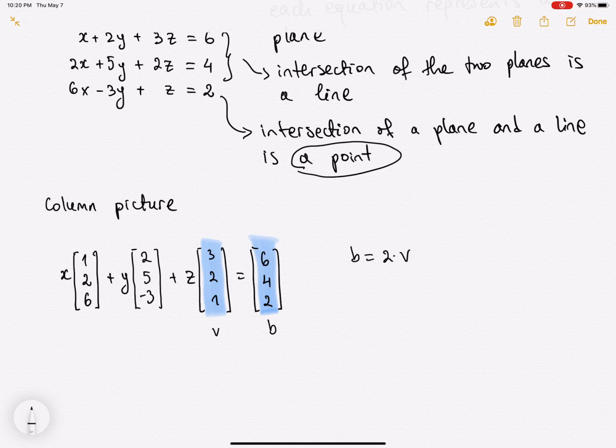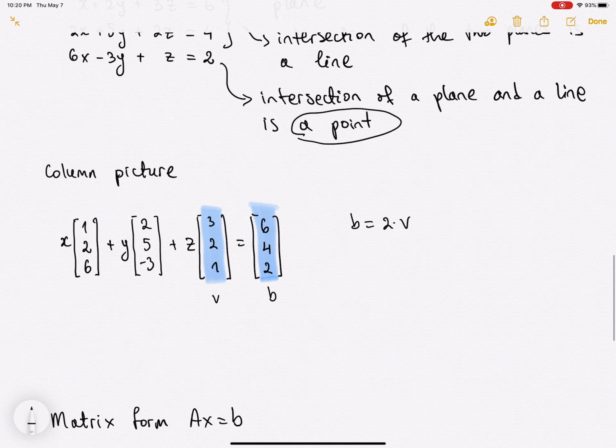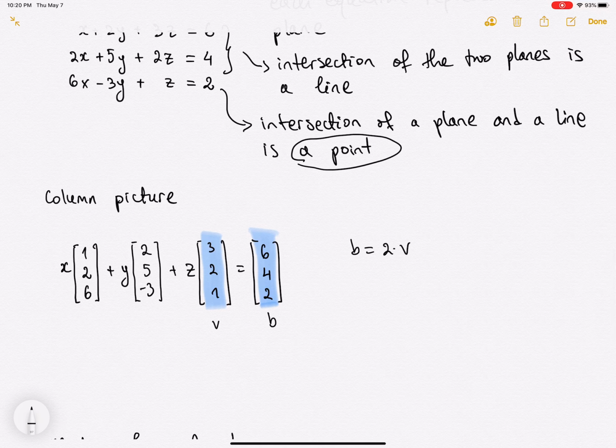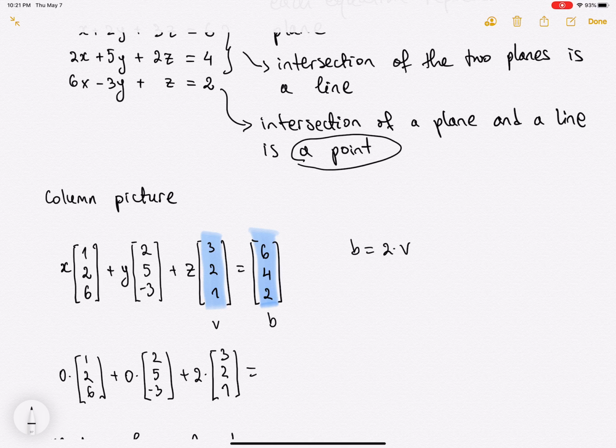So I can combine the three vectors to produce b: I don't need the first vector, I don't need the second, and I take 2 of the third. So we have this solution: 0 times (1, 2, 6) plus 0 times (2, 5, -3) plus 2 times (3, 2, 1) gives me (6, 4, 2).